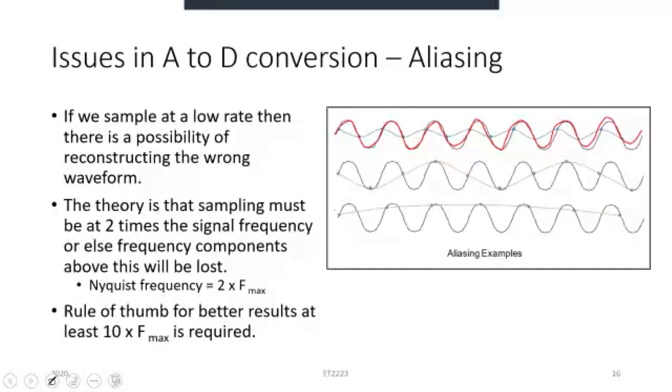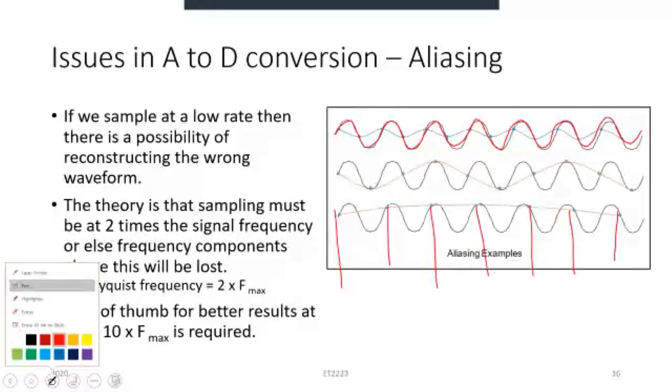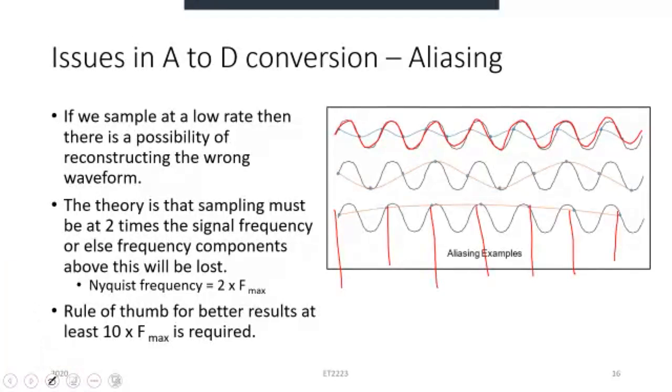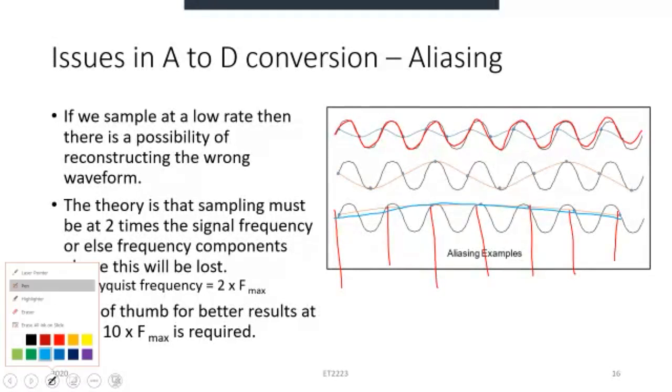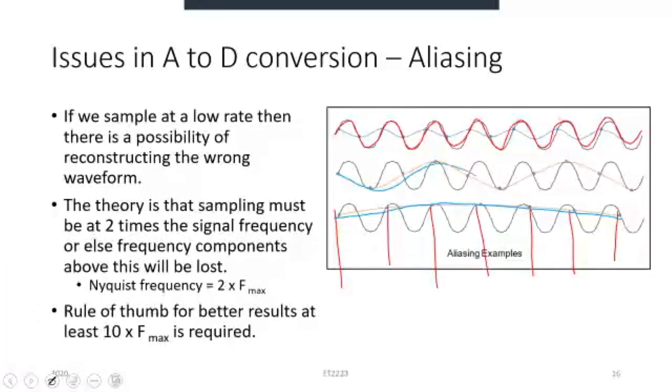Let's say we are sampling only at this frequency, or rather this frequency. If I sample at that frequency and then plot the resulting thing, it is going to be a totally different waveform. Because I sampled and recreated the waveform, it is now totally wrong from the original one. Again, if I sample at this rate, it is still a fairly wrong type of signal.